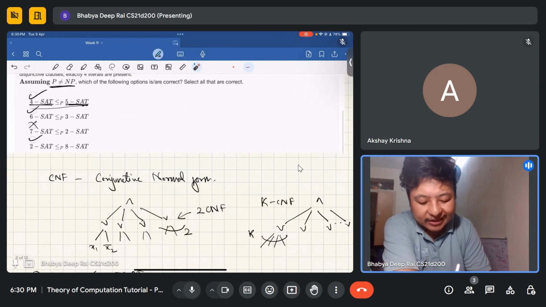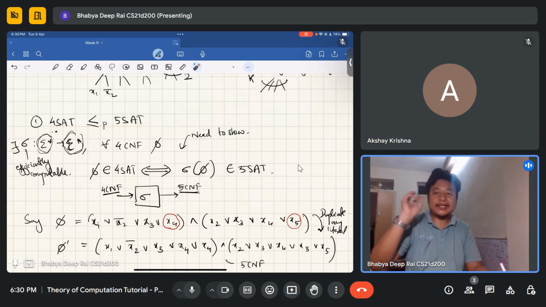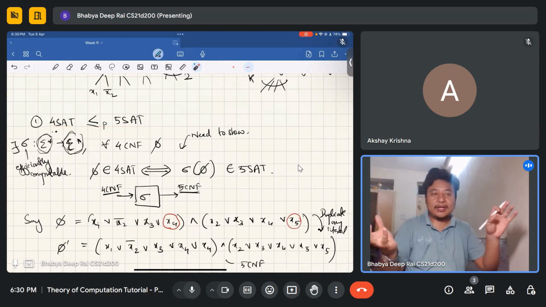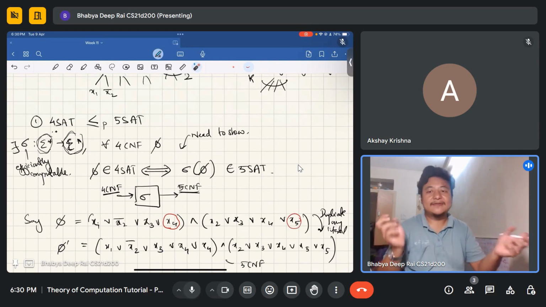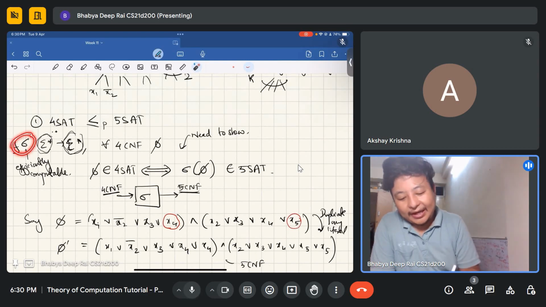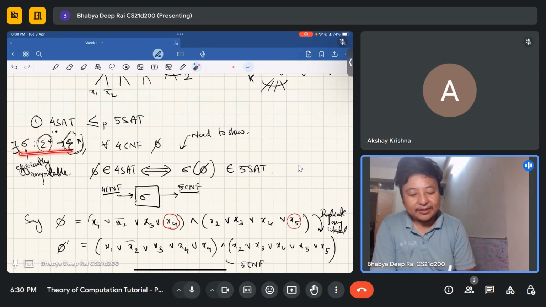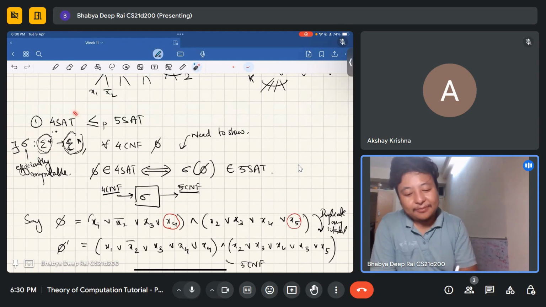So it says 4 sat reduces to 5 sat. Let's see. What is meant by 4 sat reduces to 5 sat? It means I can transform an input to 4 sat to an input to 5 sat, so that satisfying the input to 4 sat is enough to satisfy the input for 5 sat. In other words, I have a sigma, which is the actual reduction, efficiently computable. Give me any 4 CNF phi.